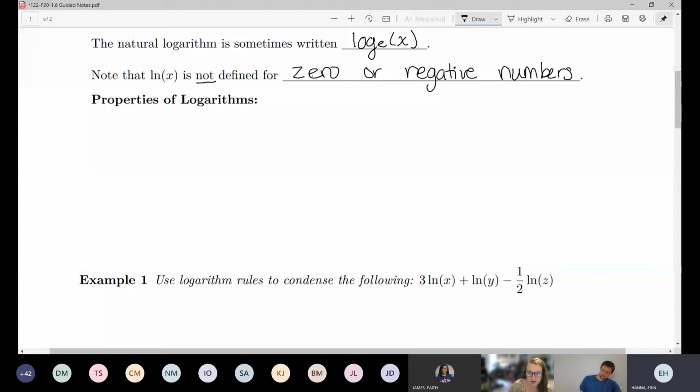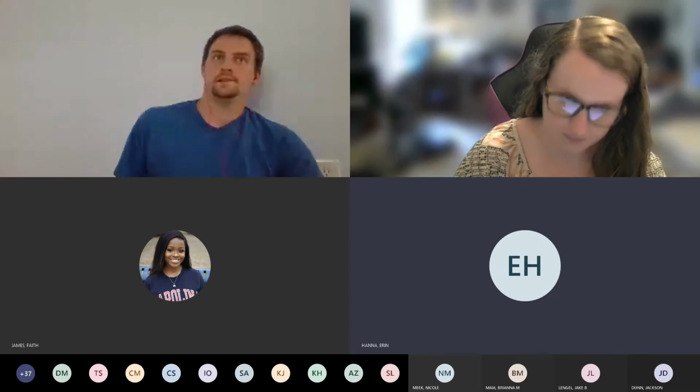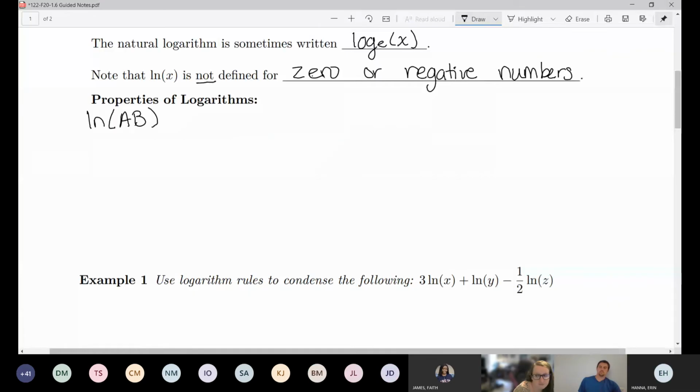If it's going to allow me to write. Let me do this one last time. Unshare. Reshare. If we have the natural log of some a times b, we can break this up as the natural log of a plus the natural log of b.